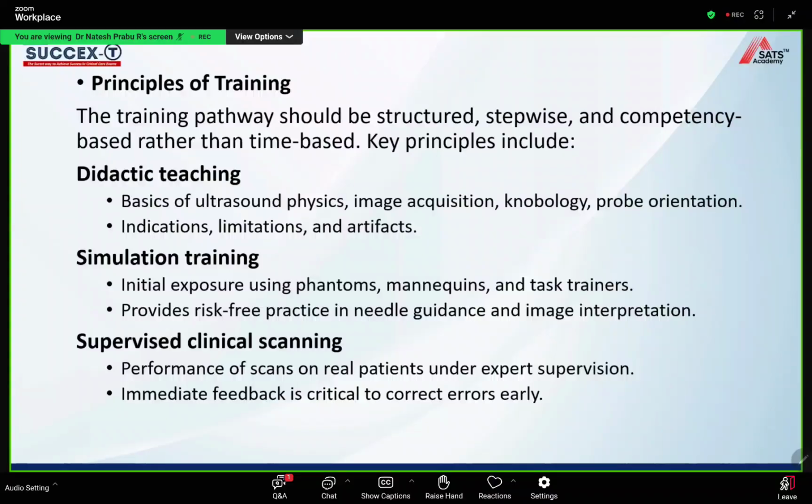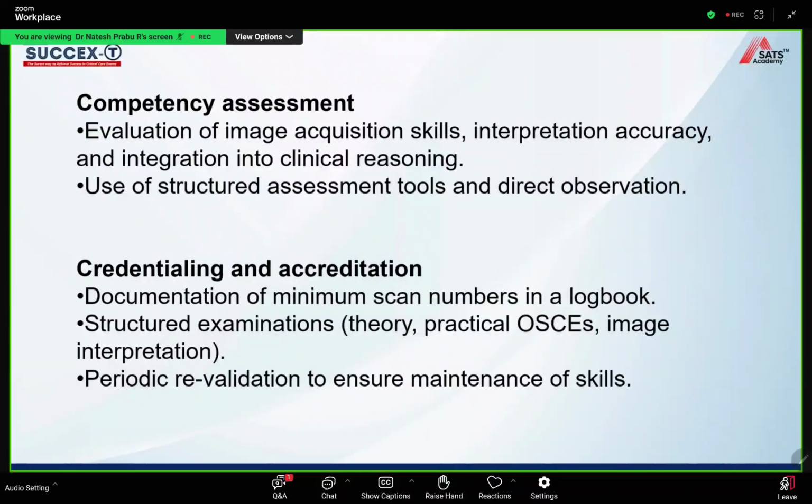Then the next step is simulation training, where we get initial exposure using mannequins and task trainers, which provides risk-free practice in needle guidance and image interpretation. And the next step is supervised clinical scanning, which includes performance of scans on real patients under expert supervision, and also immediate feedback, which is critical to correct errors early.